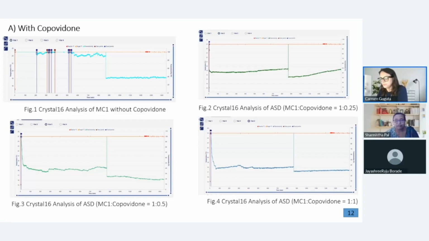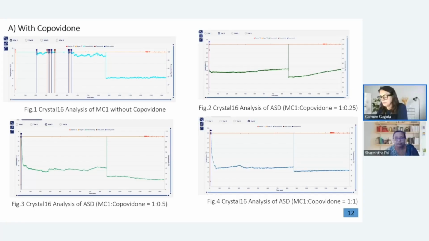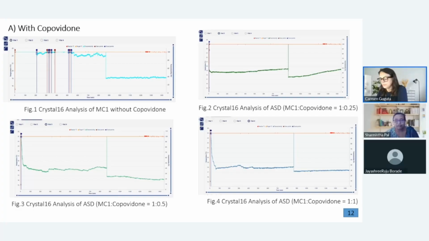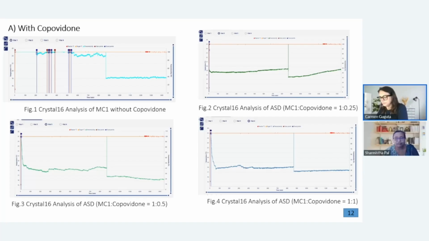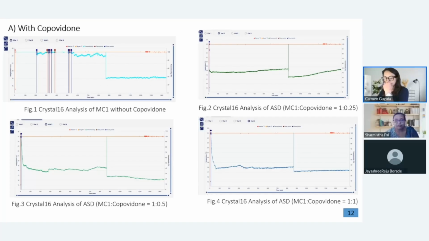Initially, we can see the line is flat, indicating the solution is clear, the transmission is high or stable, and there is no crystal formation. As the crystallization begins, the transmission sharply drops because the solution becomes cloudy due to the crystal formation. This point is considered the cloud point, and the time is called the induction time, which indicates the onset of nucleation.